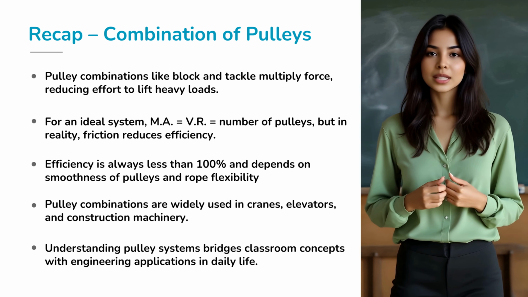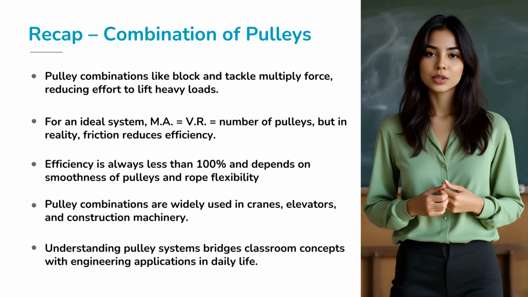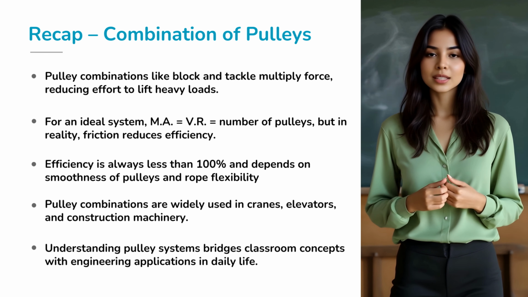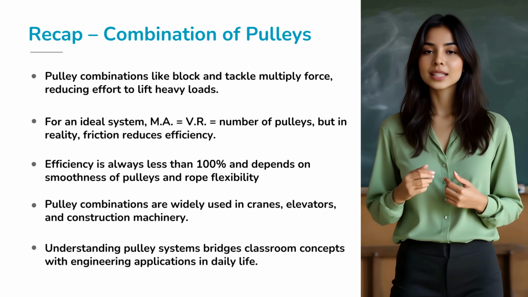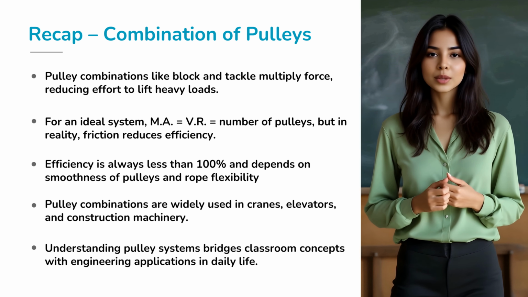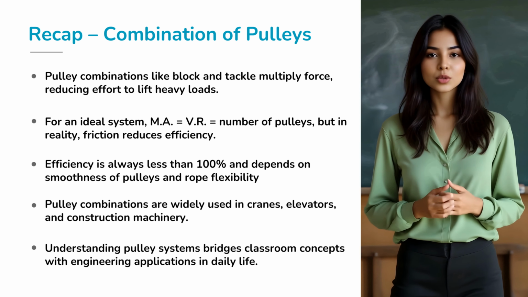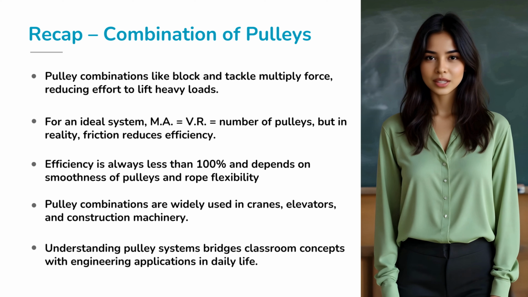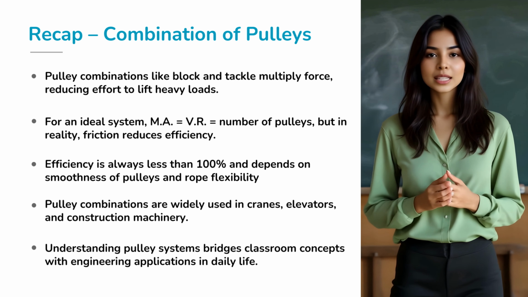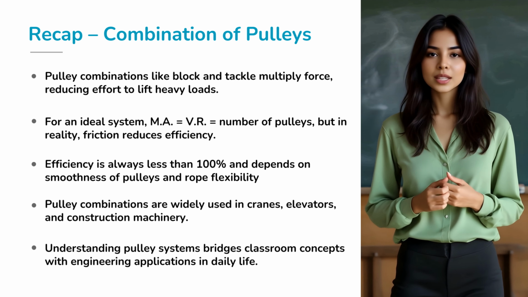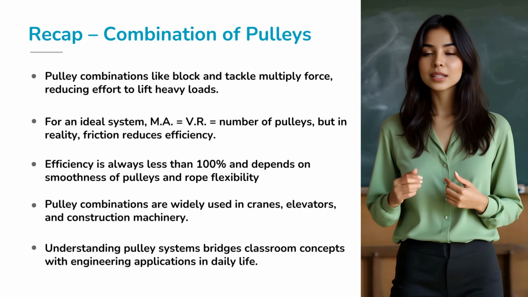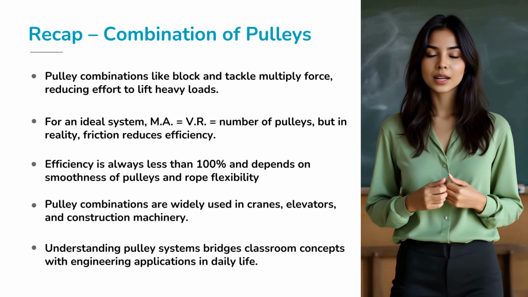Yet, these pulley systems are incredibly useful. From cranes that lift steel beams to elevators that carry us to tall floors, combinations of pulleys play a vital role in daily life and engineering. By understanding them, we not only grasp a classroom concept but also connect it to real-world machines that make our lives easier.